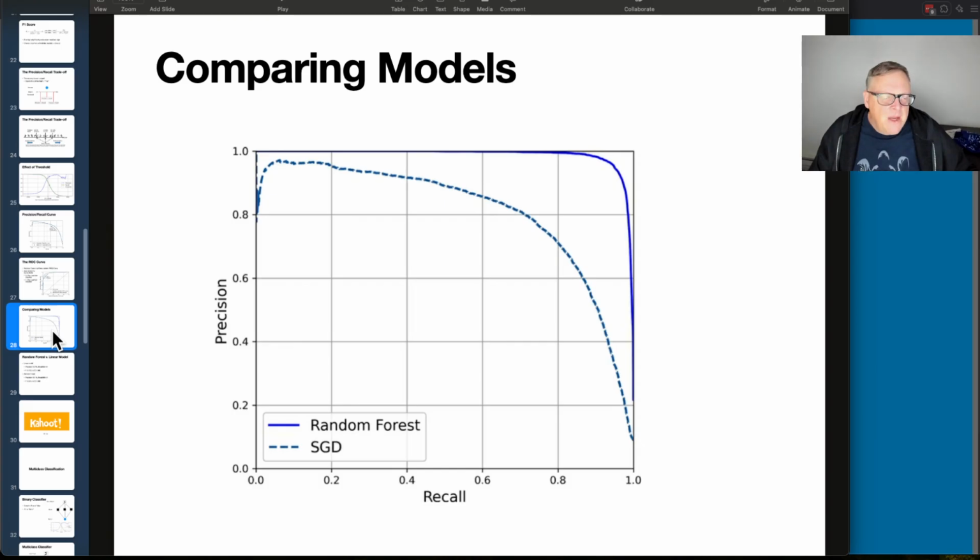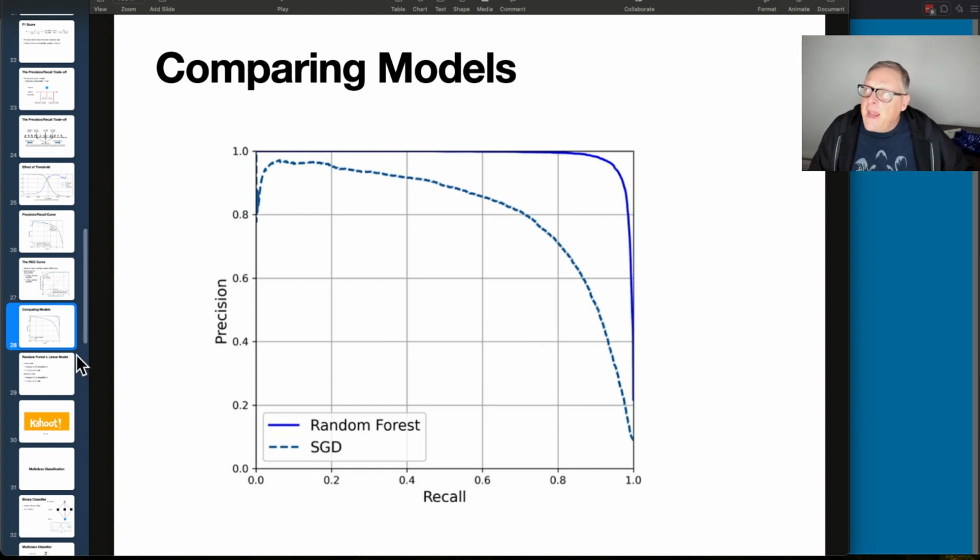All right, so here are two models, for example. A random forest, which we're going to talk about later, is a whole series of if-then statements, and then you combine many of them, like 500 models, train them independently, and average the output. That's one of the most powerful models there is. You see, it really does very well at hugging the axis. The one we did with stochastic gradient descent is much inferior.